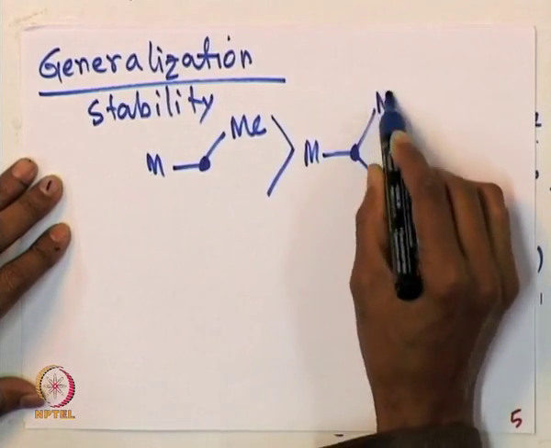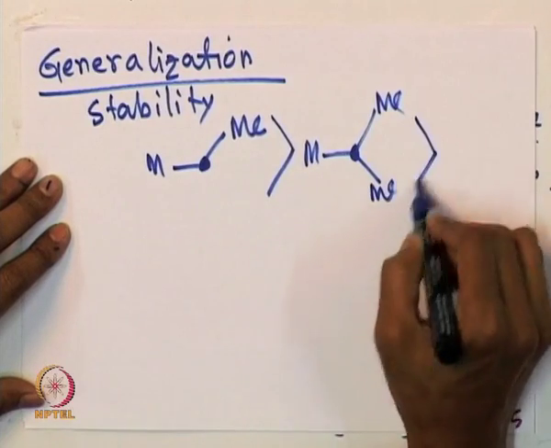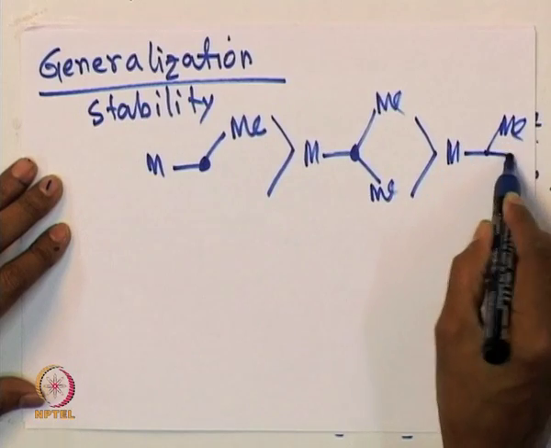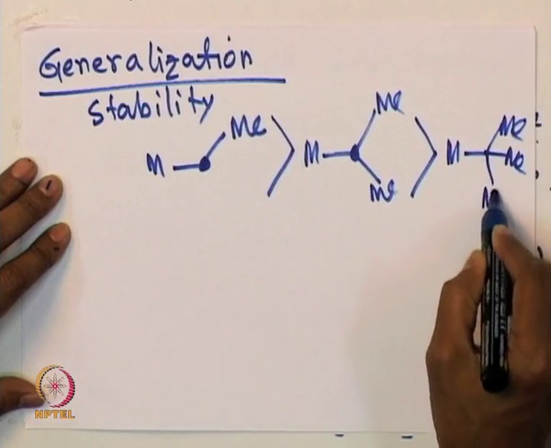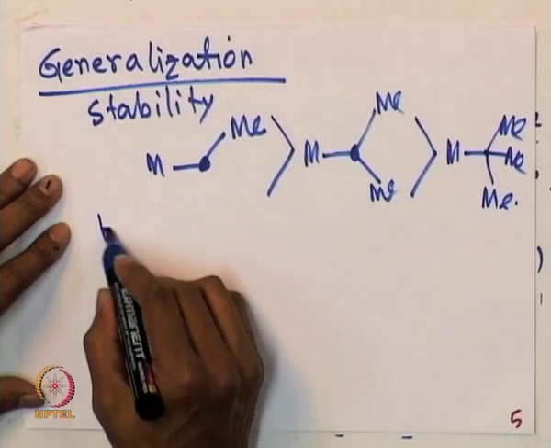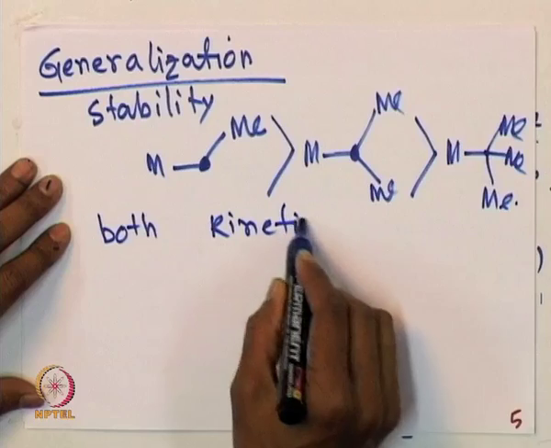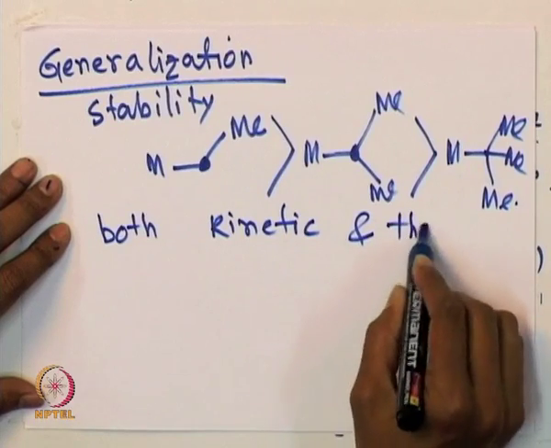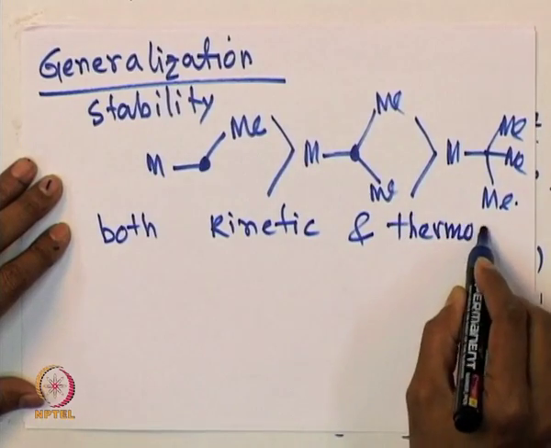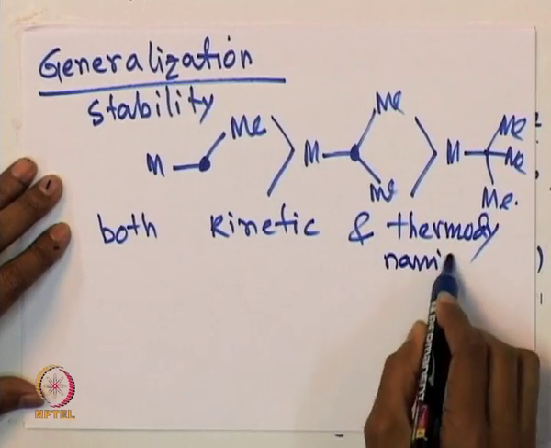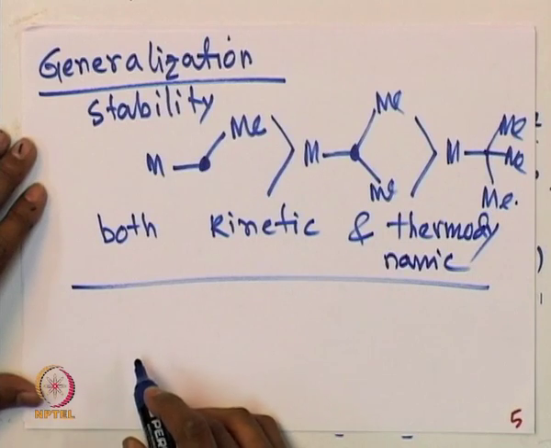This is the secondary, and you have the metal alkyl species over here. So, this is both kinetic and thermodynamic stability.